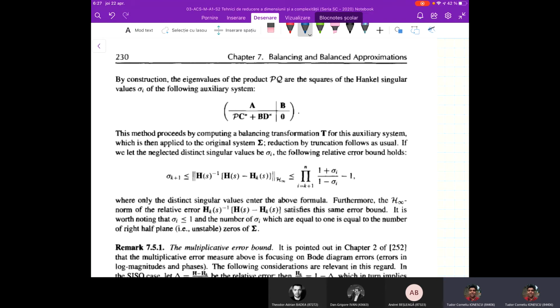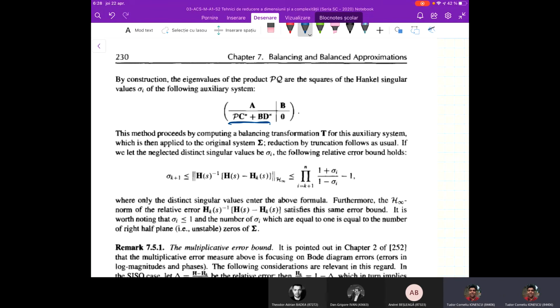So you turn your system to which classic balanced truncation cannot be applied into an auxiliary, augmented, or extended system, where the balanced truncation algorithm is suitable, but the extended system has a different form. Look at this one. This one here has a different C output.